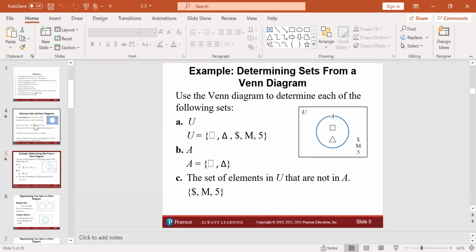Venn diagrams are nice. Venn diagrams give us nice visual representations of sets of things, even if we don't write out all their elements explicitly. We start by defining something called U, the universal set. This is the set of all possible things that are of interest in a specific problem or application.